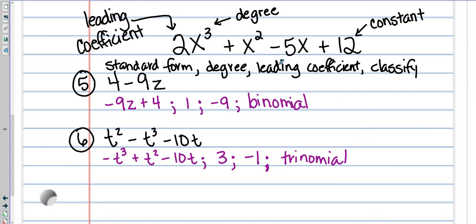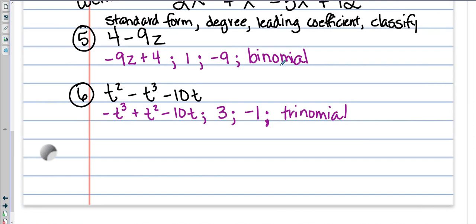Okay, number 7. 2.8x plus x to the 3rd power. Okay, let's put it in standard form.